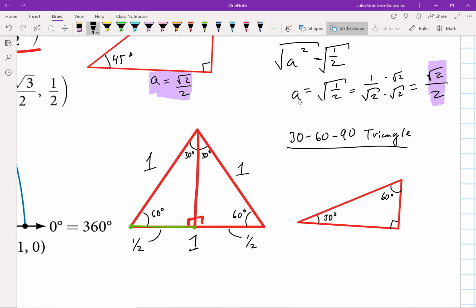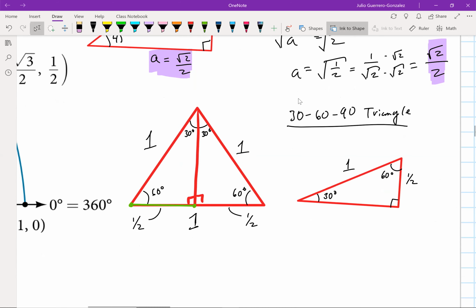So we know that this length is 1. This length over here is 1/2, right? So there's one bit that's left, and let's call that the B side, right? Okay.